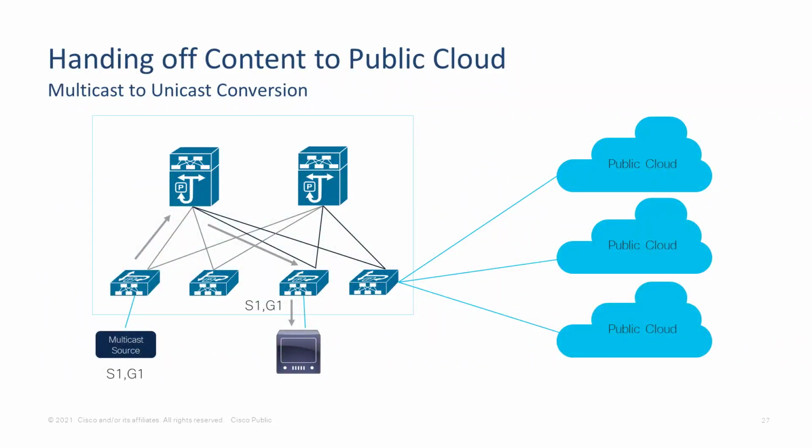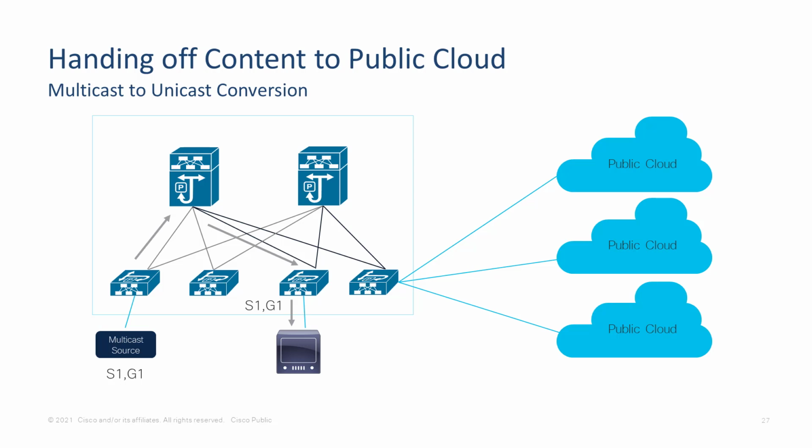And then there's also a use case where we've seen customers having to transport these multicast signals to destinations that may not necessarily understand multicast, which in our case is the public cloud as an example. This use case is very common for customers in the service provider, media and entertainment vertical, as well as some of our financial customers that are heavy multicast users.